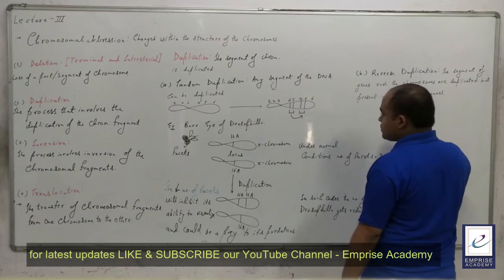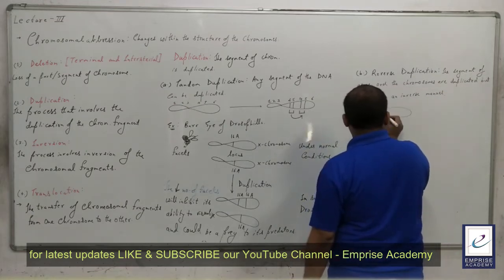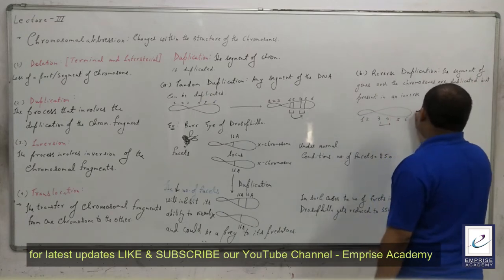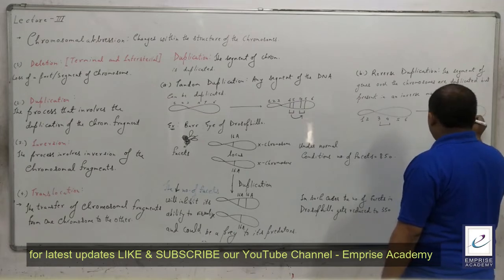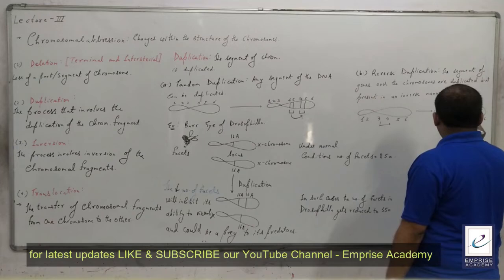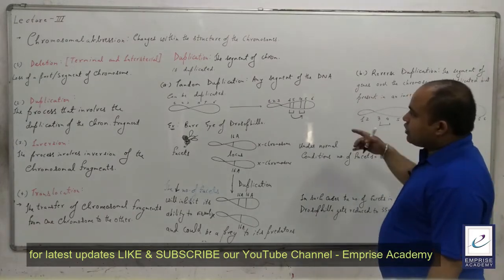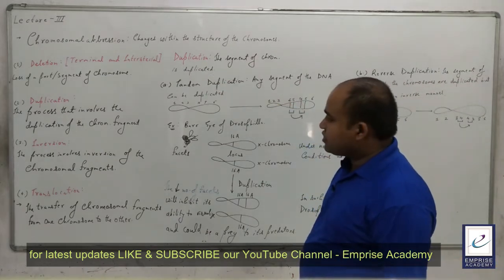That means if this is a chromosome, there are 1, 2, 3, 4, 5, 6, and this third and fourth get integrated, it would be like this: 1 2 3 4 4 3 5 6. See this, this has been inverted. This is referred to as reverse duplication. This is another type of duplication that we find in the case of chromosomal aberrations.